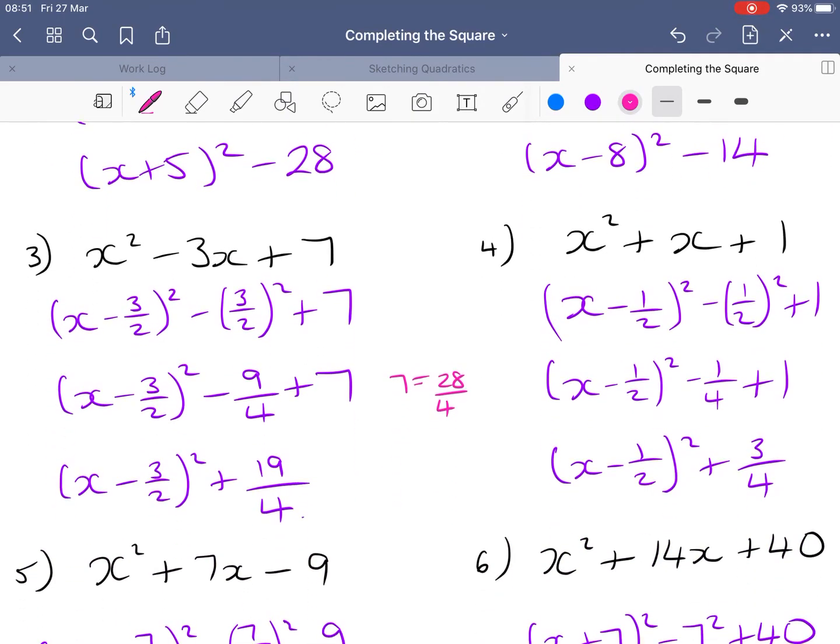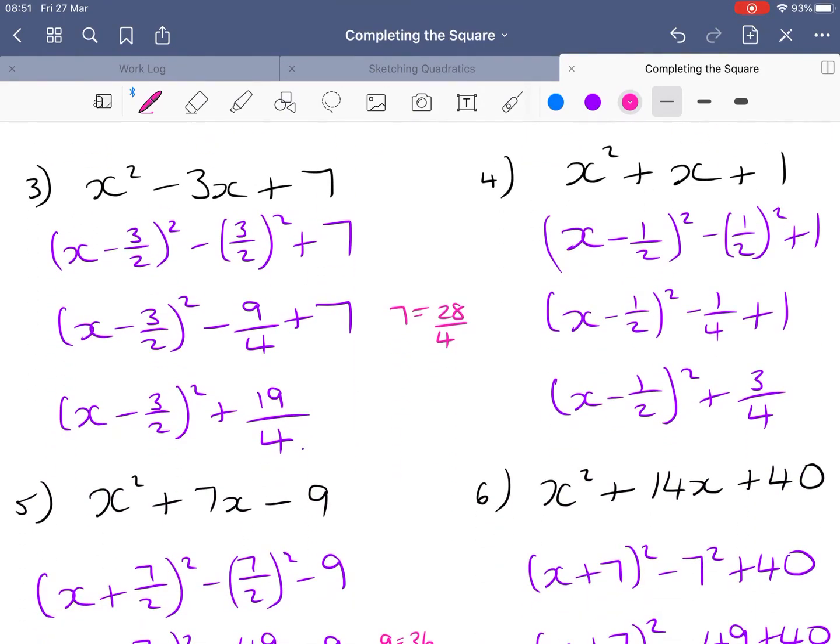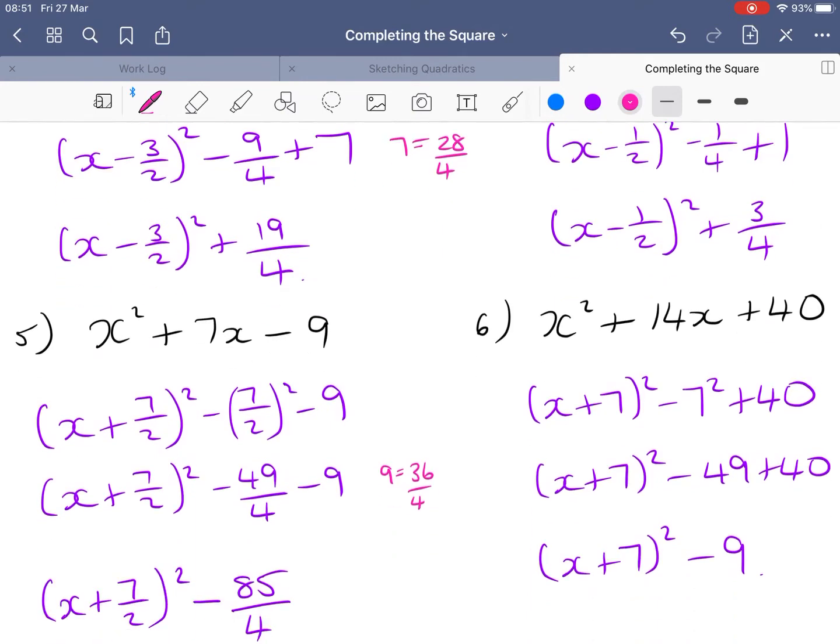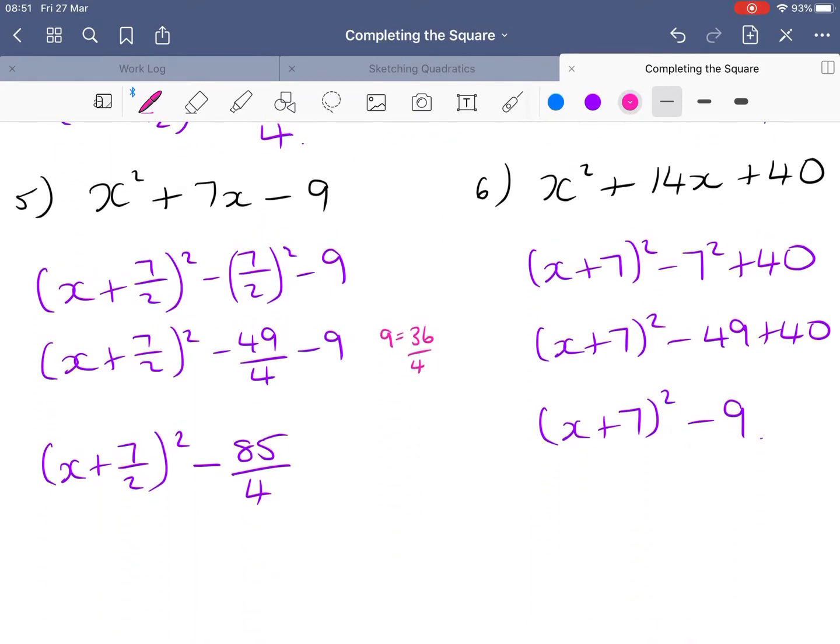Nice. 3 and 4, a little bit more complicated because fractions get involved, but again, fairly straightforward. And 5 and 6, a bit of a mixture really. So hopefully you're okay with them.